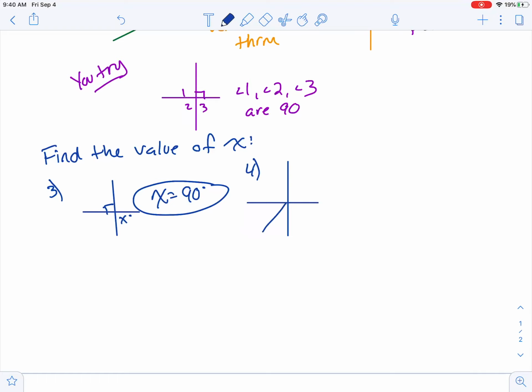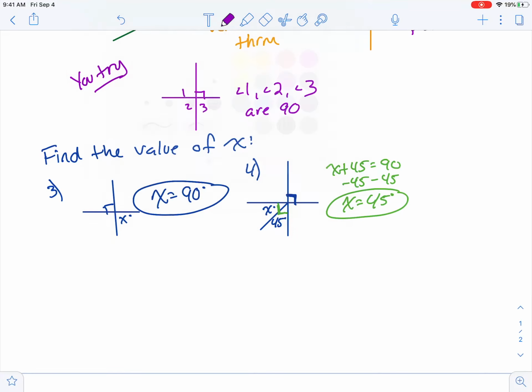Okay, next one. Similar picture. Okay, here's our picture. So for this one, I have the 90-degree angle right here, which means they're all 90, which means this would have to be 90. So I can use my angle addition postulate, and I know that x plus 45 has to equal 90. Solve down for x, and x is 45 degrees.